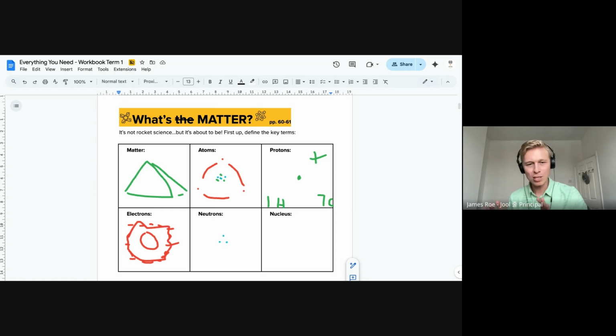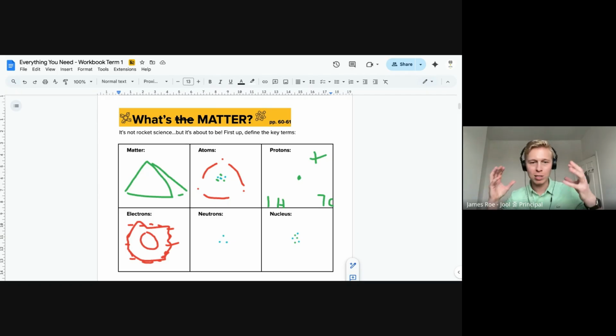But that's not always the case. For example, if we talk about hydrogen, hydrogen has a proton and it has an electron. That's it. It doesn't even have a neutron. But neutrons are very important. Now, the nucleus basically refers to the middle where we have our protons and we have our neutrons, okay? So pretty simple stuff, not too complicated. Of course, it's exceptionally complicated when you get into more detail. But that's the basic premise, okay?